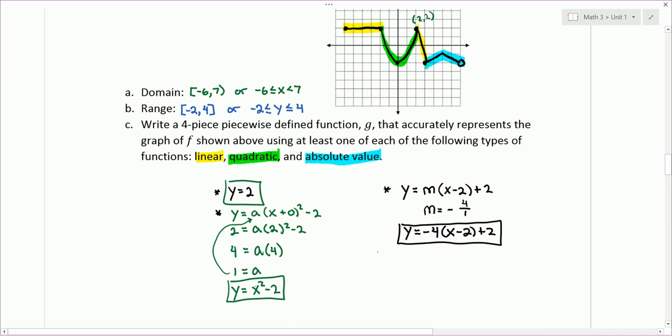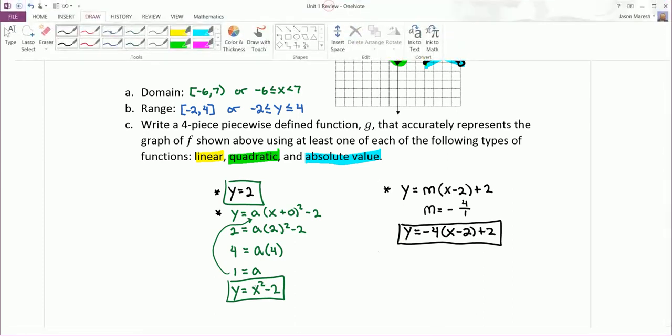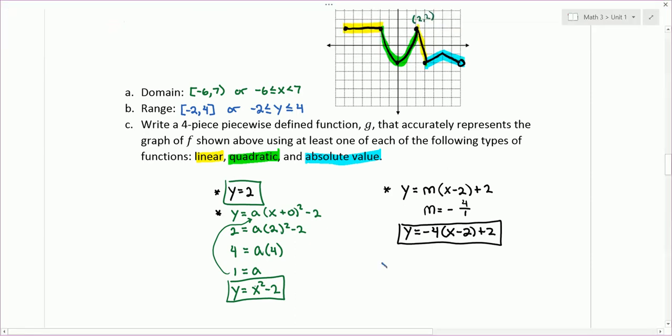And then lastly, I'll use blue. Notice the location of the vertex. The vertex is at 1, 2, 3, 4, 5, negative 1. The vertex of the parent graph is at 0, 0.